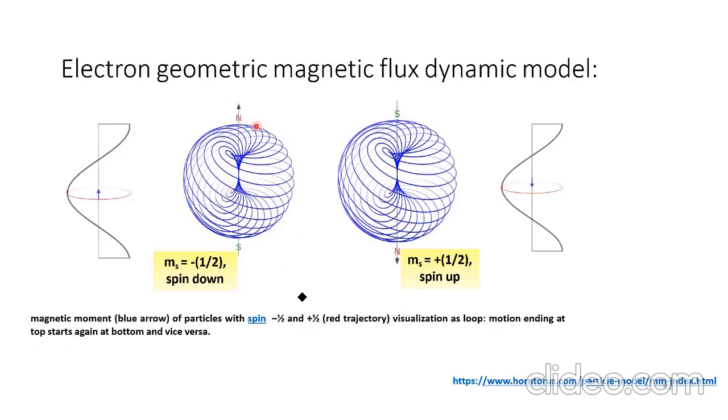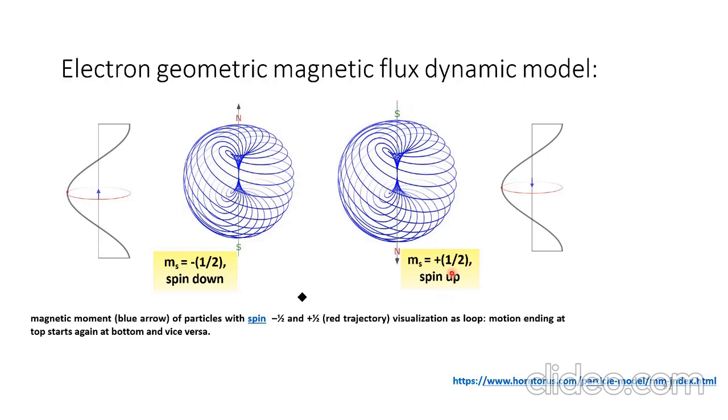So if it is going towards north, it is negative or spin down. If it is going from south to north, it is up, plus half or spin up.